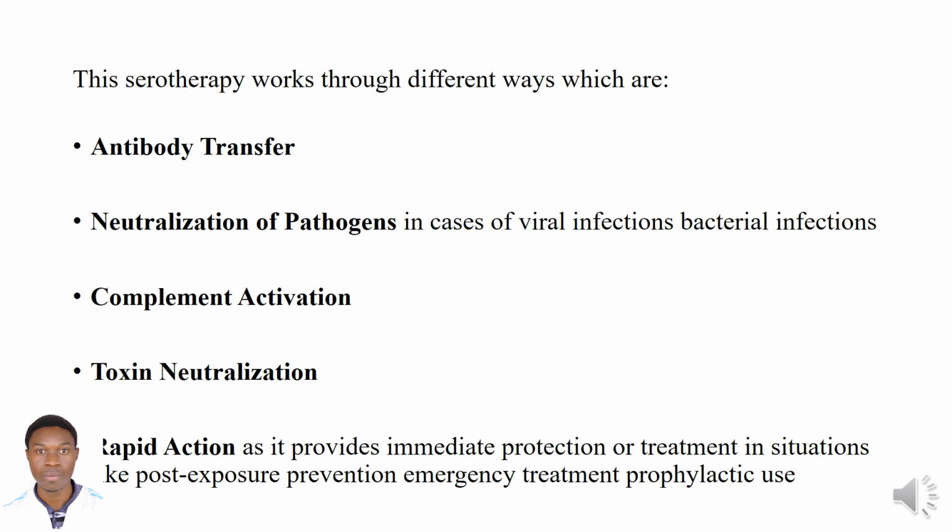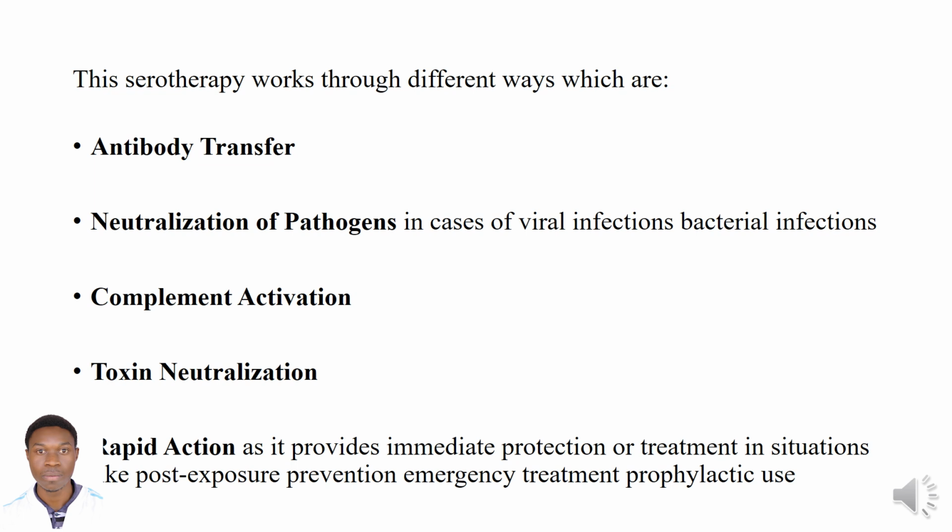Then there is neutralization of pathogens in cases of viral infections or bacterial infections. Once administered, the antibodies in the serum recognize and bind to the target pathogen or toxin. This binding can neutralize the pathogen directly, preventing it from infecting cells.